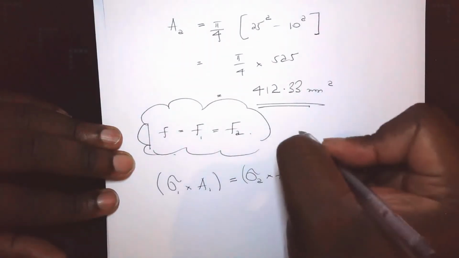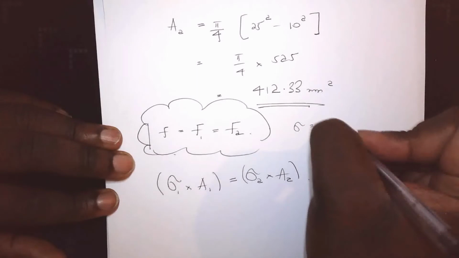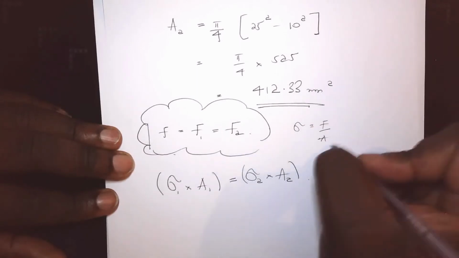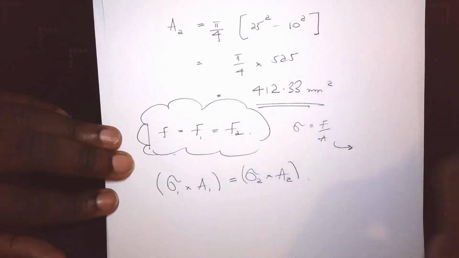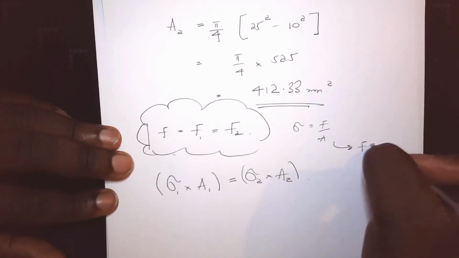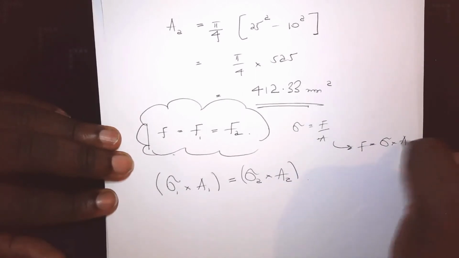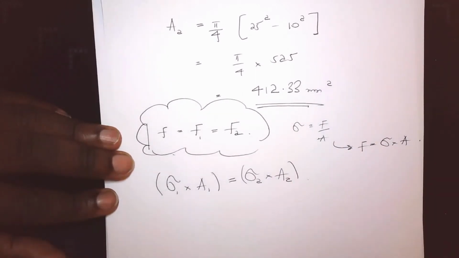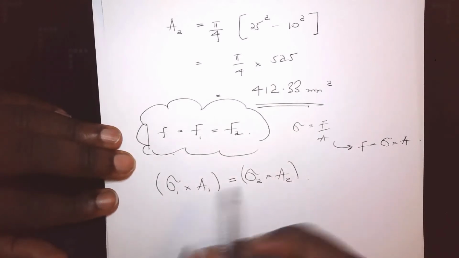Okay, so we didn't forget that stress is equal to F over A. So making F the subject of this relationship, F is equal to sigma times A. So the product of the stress and its cross-sectional area.